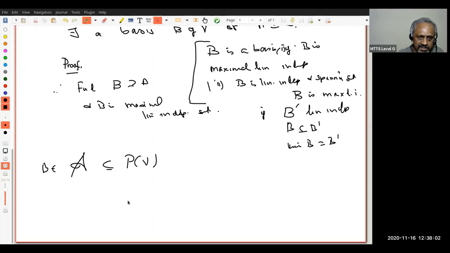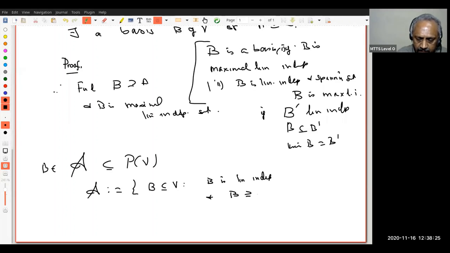And the second condition is I am looking for a B which is maximal linearly independent. Therefore, this B should also be linearly independent. You understand that? So I'm trying to motivate how I define script A. Script A is a collection of B, a subset of B, so that first B is linearly independent and second B contains A.